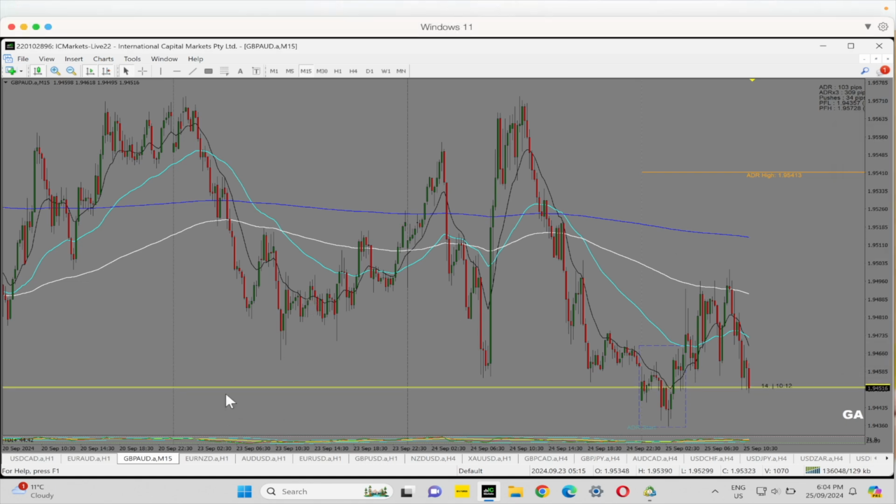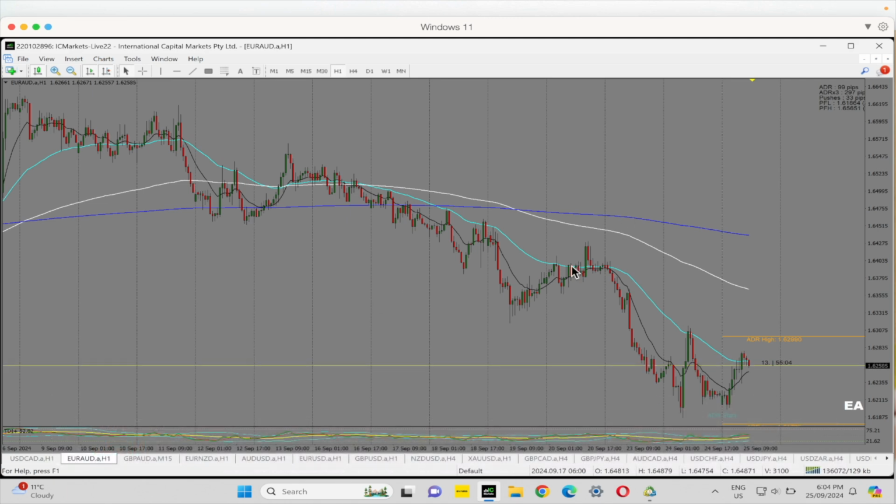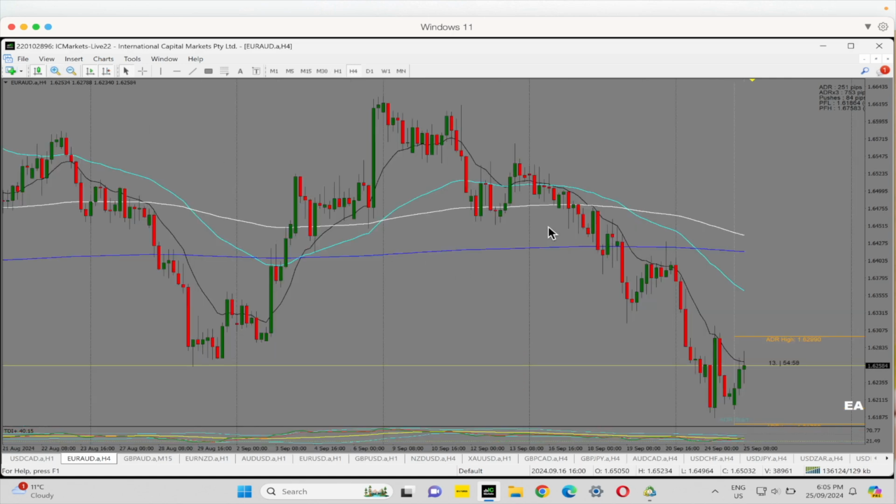Now I then moved on to Euro odd, but this pair I did not really hold for long. The reason being, when I looked at it, it was a good ID50, but it was too slow for me, so I didn't really hold it for long. Again, it is the same issue.